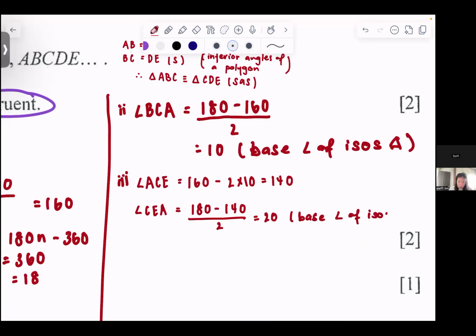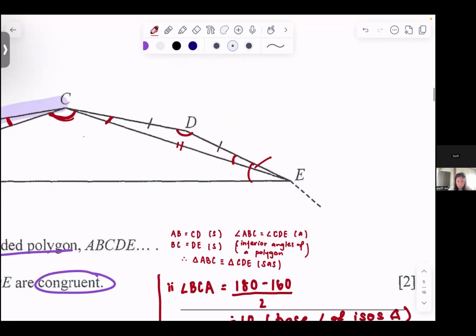As we mentioned just now, angle DEA is the sum of this small isosceles angle plus this big isosceles angle CEA. So it's DEC plus CEA, and we just have to add them together.